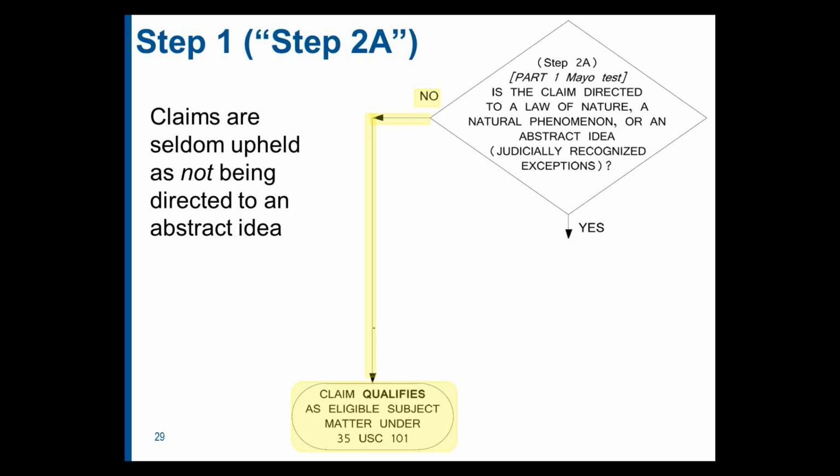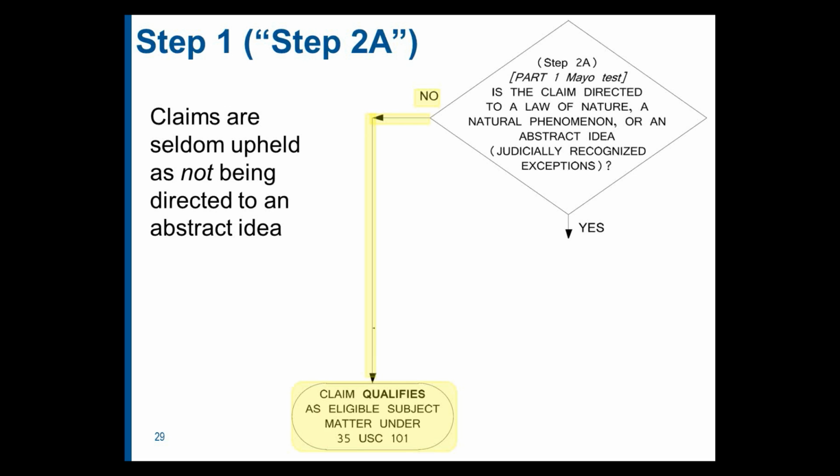In other words, it's very easy to identify an abstract idea to which a claim is directed. In most, for example, office actions that are rejecting claims under 101, the examiner is reciting a very broad abstract idea and asserting that the claim is directed to that abstract idea. So this is the most common route that's being seen in 101 rejections, at least in examination.